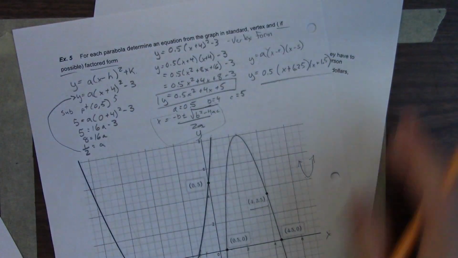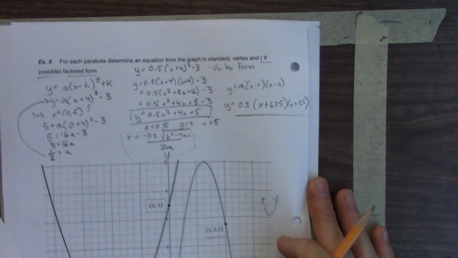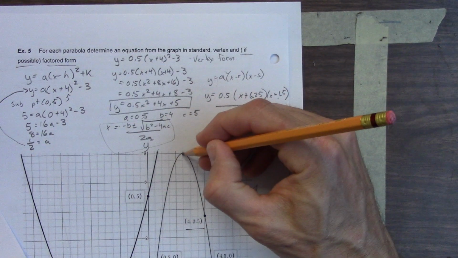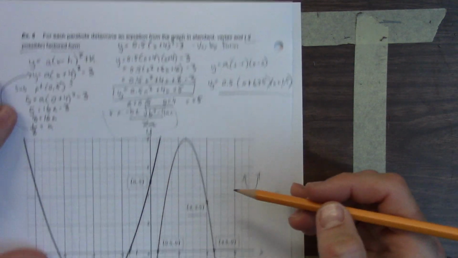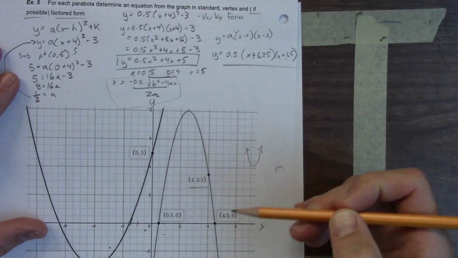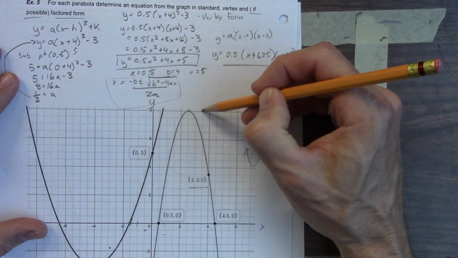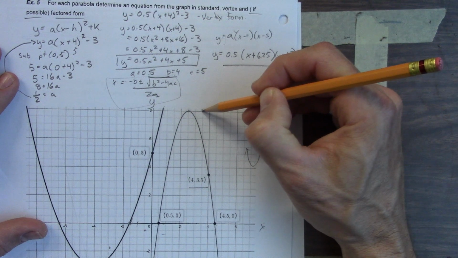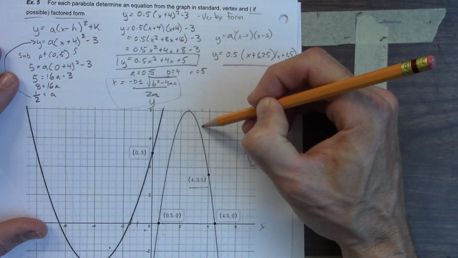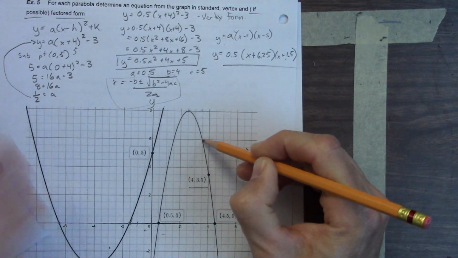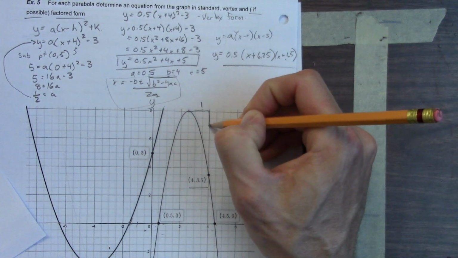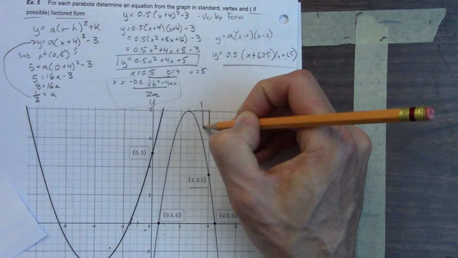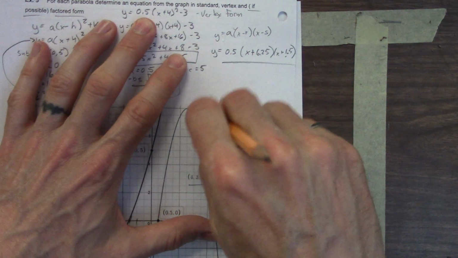We can confirm that here, right? If we look at the graph, what we're saying is if we go 1 over, we're going to go down 2. So 1 over, remember these are 0.5s, so we got to go 2 over, and then down 2 would be 4. 1, 2, 3, 4. It looks like that's correct. Right? 1 over, and then 2 down.